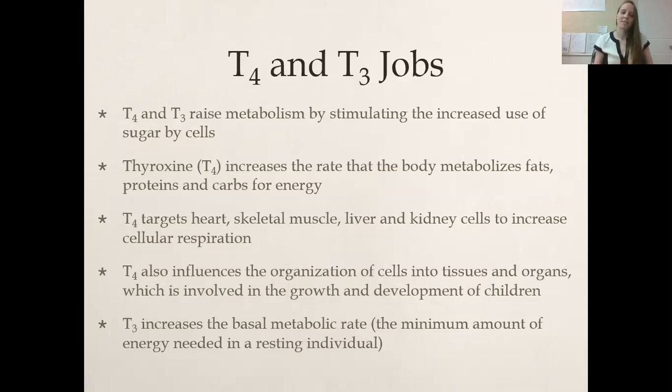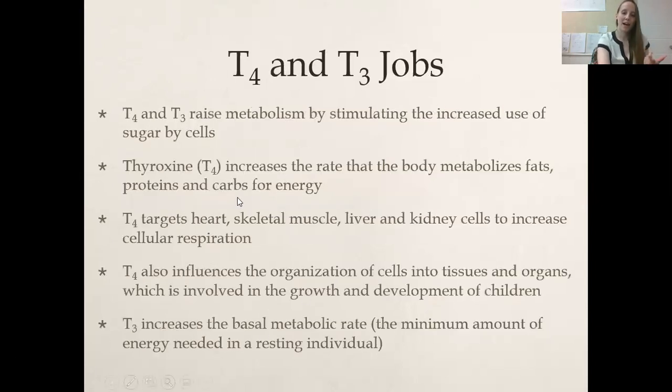T4 targets the heart, skeletal muscle, liver, and kidneys as well in order to increase their rates of cellular respiration so that they're using more energy. T4 also helps with the differentiation of cells into tissues and organs, which is important when children are growing and developing. And then T3 increases the basal metabolic rate, which is just the minimum amount of energy that an individual needs when they're at rest.